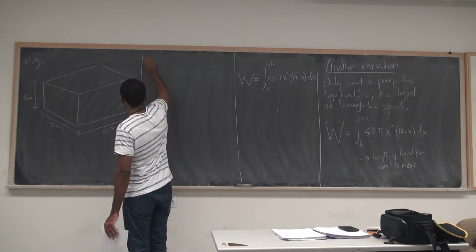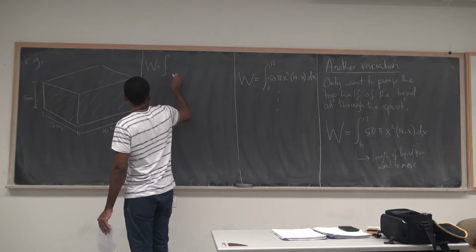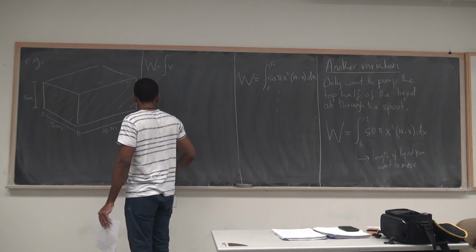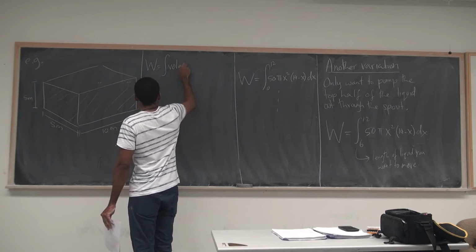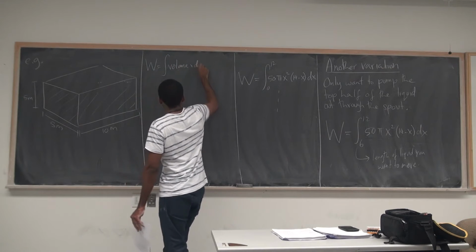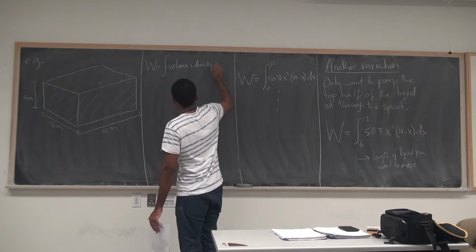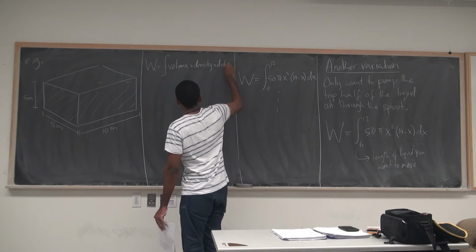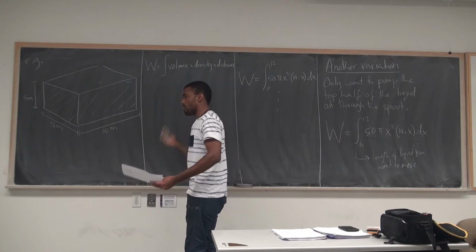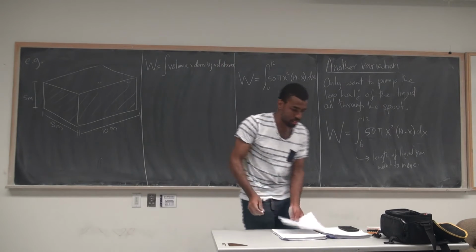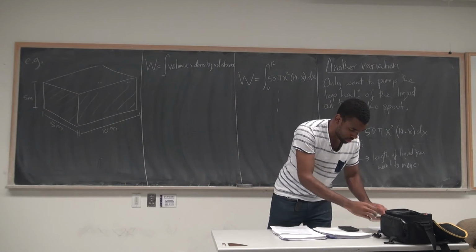We're going to be doing work equals the integral of volume times density times distance. And again, what volume? Volume of the slice, right? So we're going to start to slice this water up into levels.